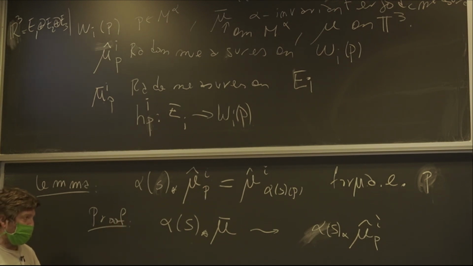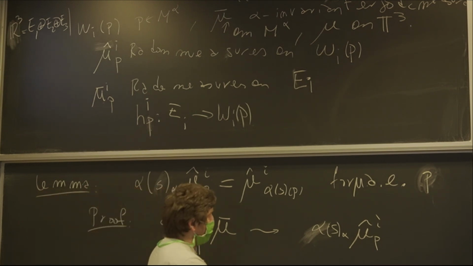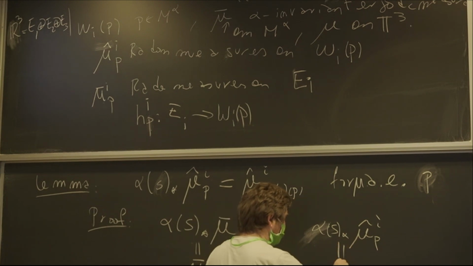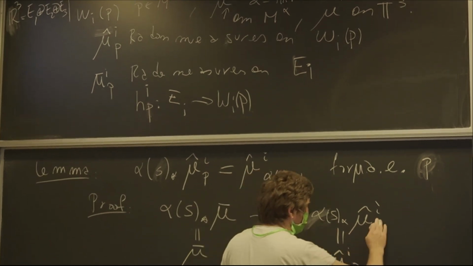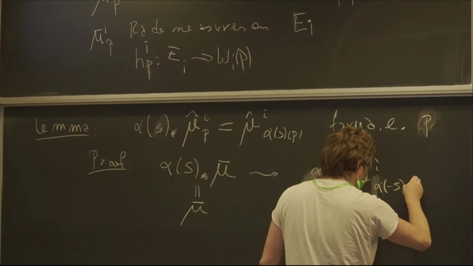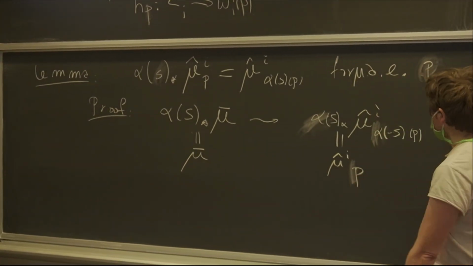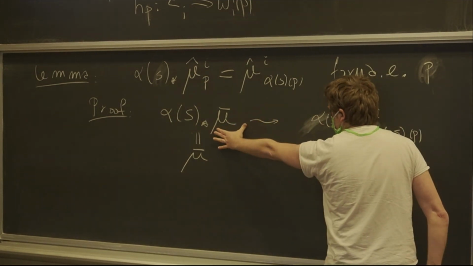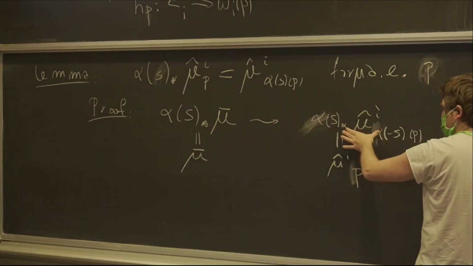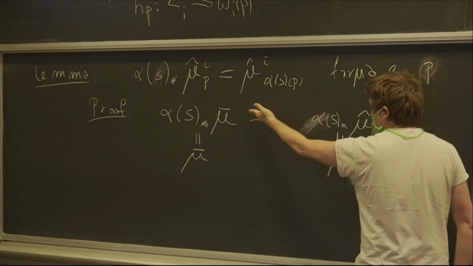But by the same token, since this guy is the same as μ hat, then you need to have that this is the same. Well, actually, to be more careful, that's what you actually get. So you get that the decomposition is exactly this, and the decomposition for this is that these guys coincide.